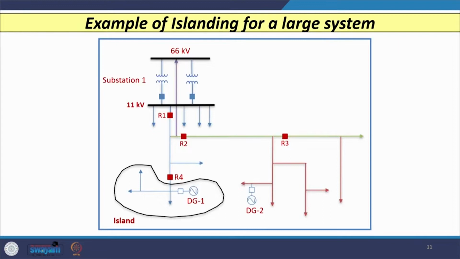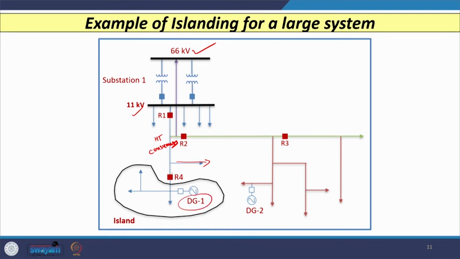If we consider a large network, you can see we have a 66 kV system, which is further stepped down to 11 kV, and we have 11 kV HT consumers. On one of the 11 kV feeders we have several laterals, and on one lateral I have connected one DG, distributed generator 1.